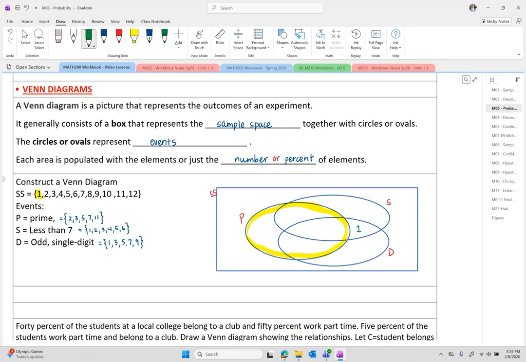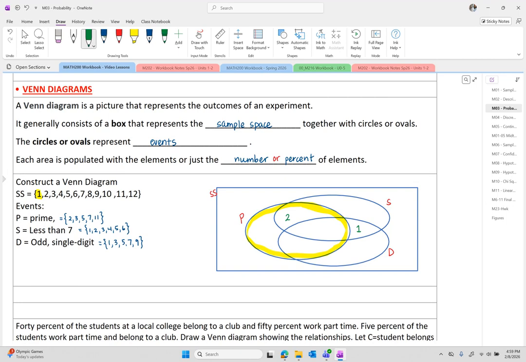The next number is number 2. Number 2 is in all P, S, and nope, it's not in D. I'm wrong. So it's in P and in S, but it's not in D. So it has to be within the circle for P, within the circle for S, but not in the circle for D. So we will place it in the common area, the intersection of P and S outside of D. The next element is the number 3, and the number 3 is in all 3 of them.